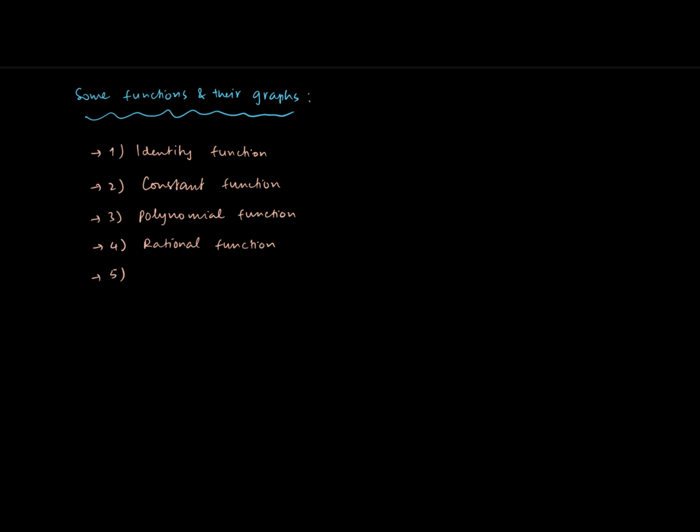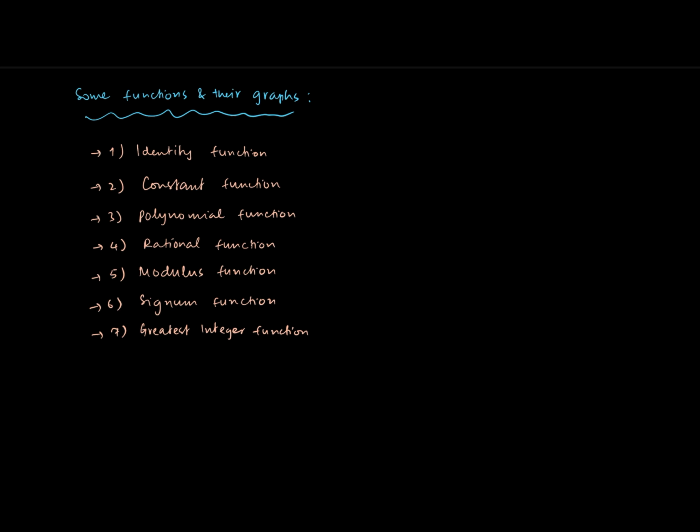Number 5, modulus function. Number 6, signum function. And number 7, greatest integer function. So these are the types of functions which we are going to discuss and also see how their graphs work.